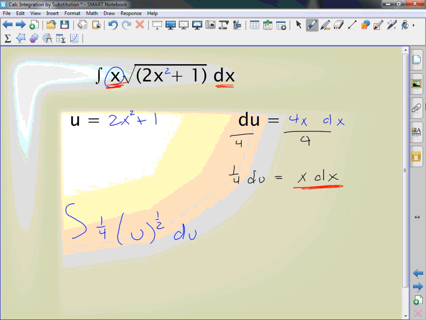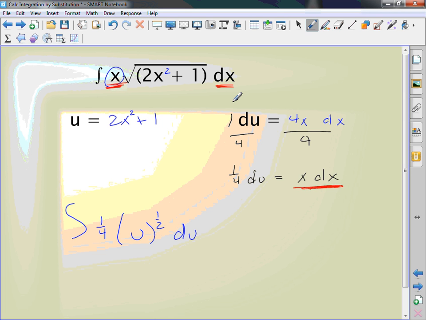Yeah, there's actually a 1 there. And I have an x dx in the problem. This becomes this. I want to get rid of the dx and any other variables. Okay. Now I'm going to just put 1/4 u.